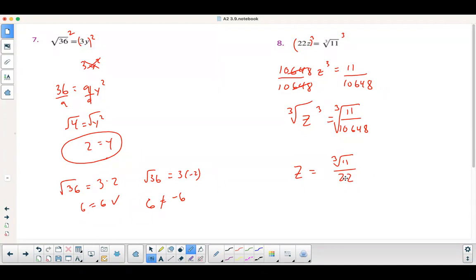All right. Now, if you wanted to type it into your calculator and get a decimal, let's see what it would be. If you want to get a decimal, it'd be 0.101. Okay.